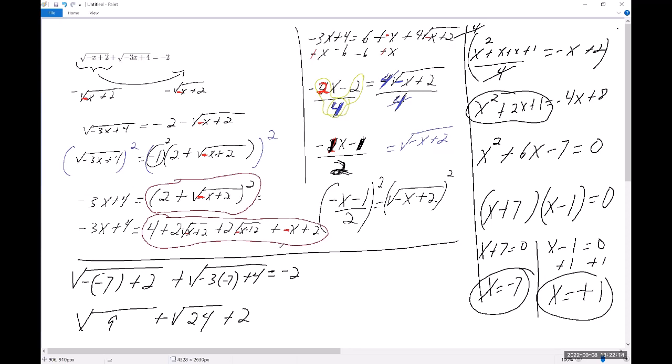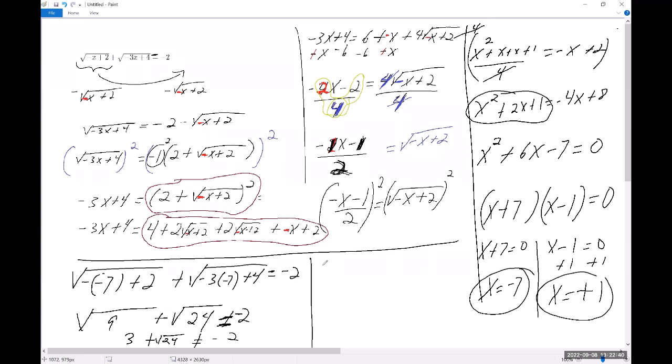Yeah, I lost some information when that was an equal sign. So this is 3 plus root 24. That should be an equal sign. I mean, there's no way it could be equal to a -2.